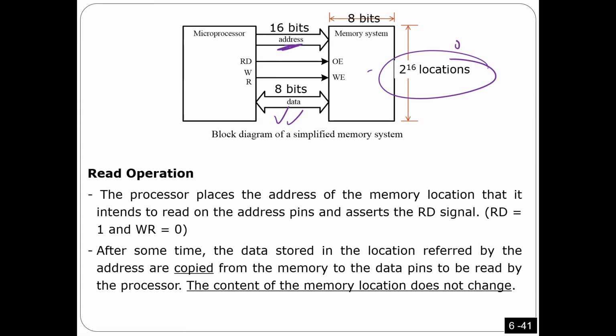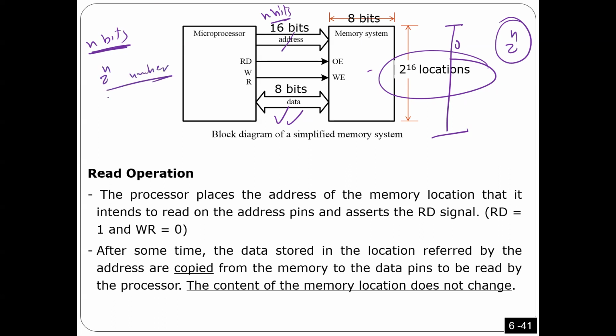The relation is, if the address is n bits, that means I can have locations up to 2 to the power of n. Make sense? Why? Because as I taught in this course, in n bits you can have in total 2 to the power of n numbers. So if the address is n bits, I can have 2 to the power of n addresses.